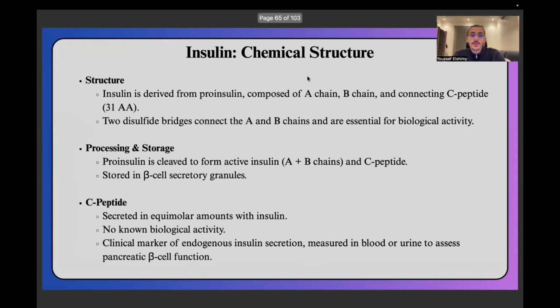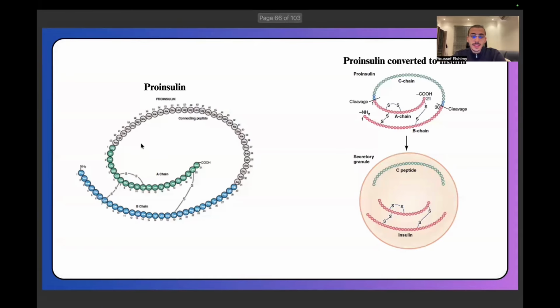Okay, so let's talk more about insulin. Insulin is basically derived from proinsulin. It's a polypeptide protein. What is proinsulin? Proinsulin is made up of the A chain as well as the B chain, as well as the connecting peptide or the C chain. So the A chain, then the C peptide that connects the A chain with the B chain.